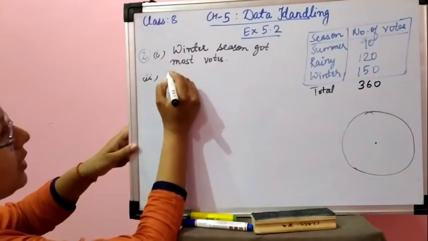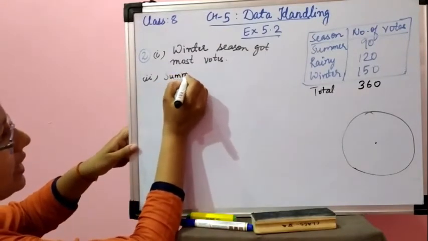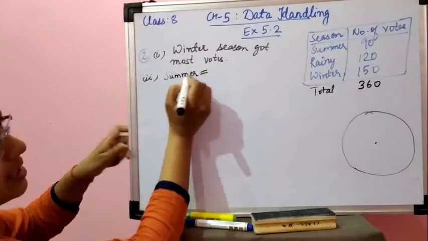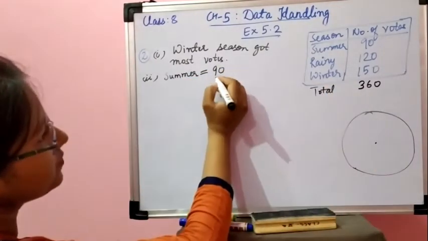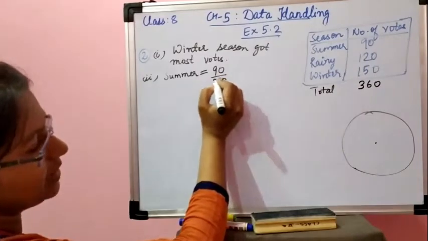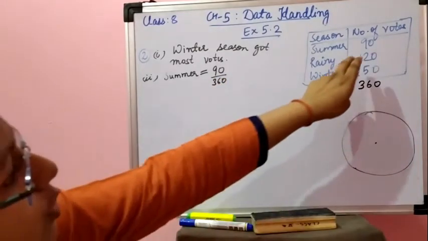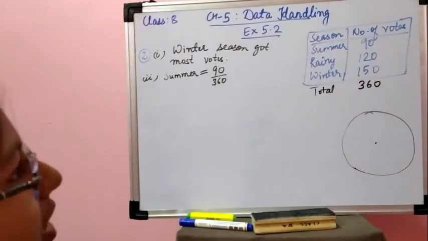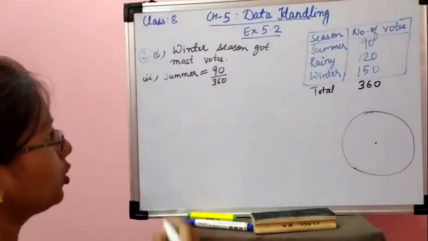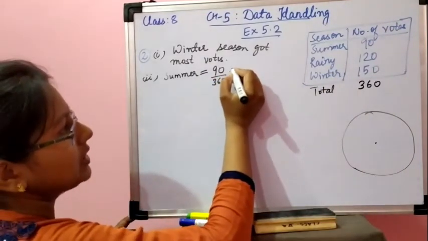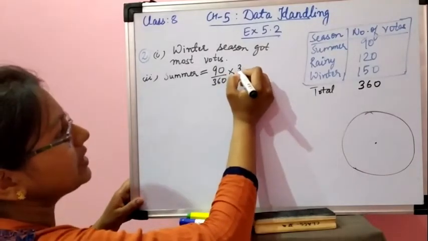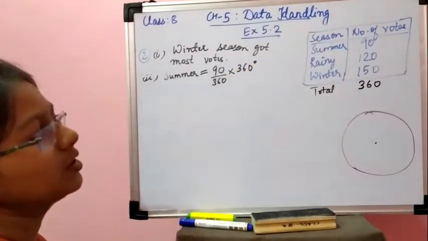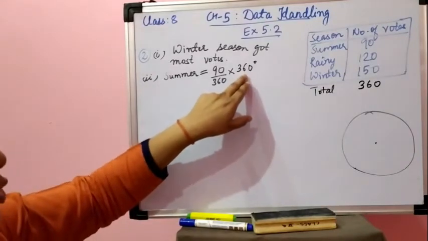First of all I am finding it for the summer season. Summer has 90 votes out of 360 votes. First we convert those votes into a fraction by dividing by the total. So 90 upon 360, and the complete angle is 360 degrees. So this is the value of the angle.